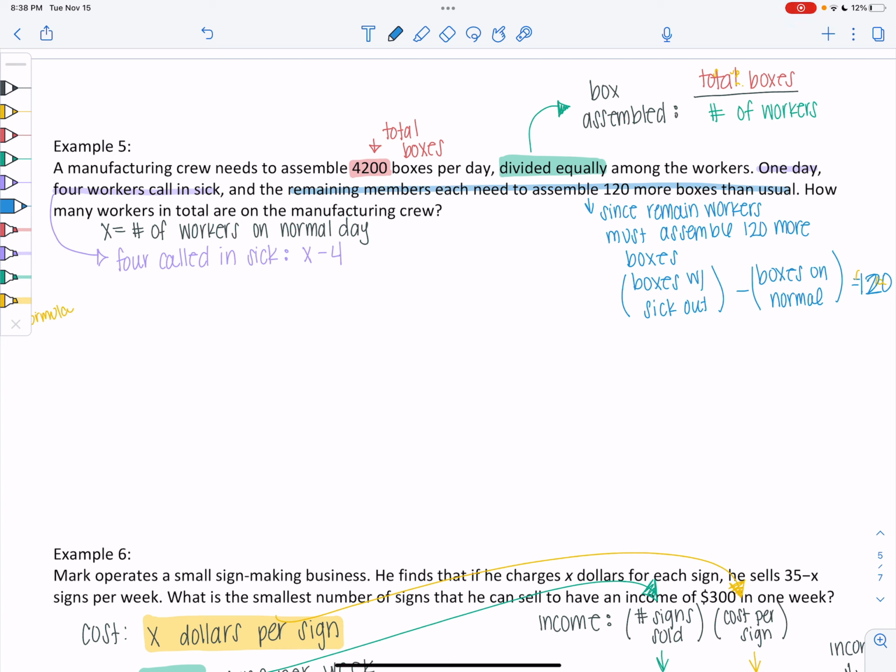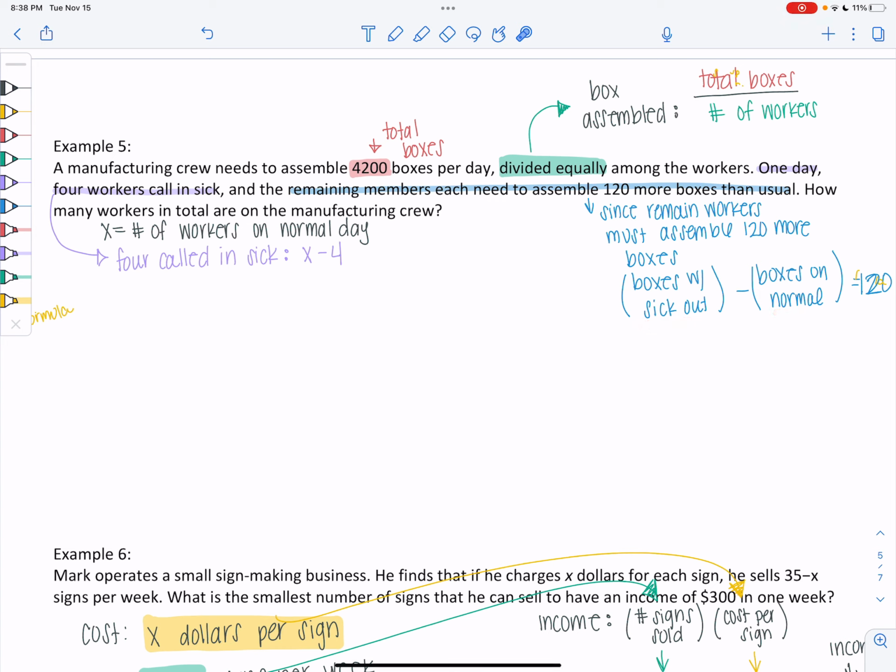And so I can say that the boxes with the people being out sick minus the boxes on a normal day has to be 120 because I have 120 more boxes than usual. So that means now that I have these people out sick, I subtract off how many boxes each person is doing on a normal day, and that must be 120.